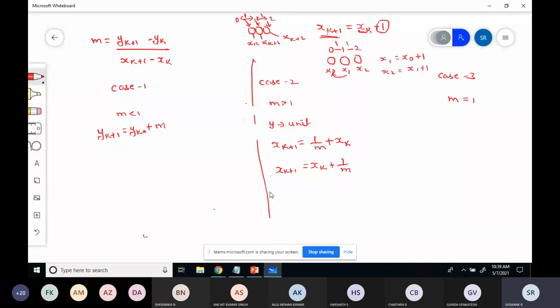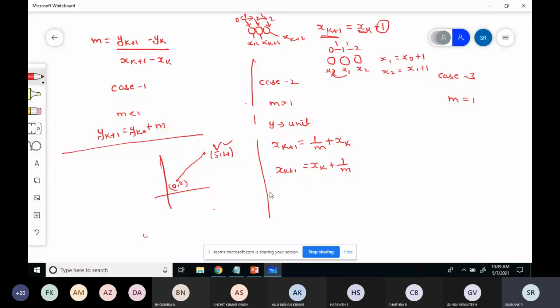So here we are making one assumption. The assumption is that this is the starting point of the line and this is the ending point of the line, and we are processing from the left hand side of the line to the right hand side. So if this is 0 comma 0 and this is some 5 comma 4, we are starting from 0 comma 0, and we are calculating the nearest pixels along this line till we reach 5 comma 4. So now let's solve the problem. Before solving the problem, I'll just write the equations here.